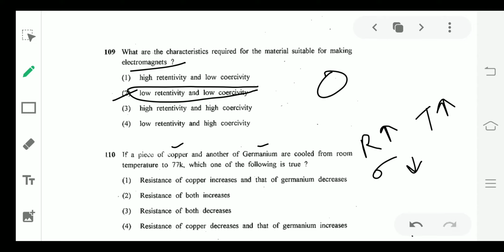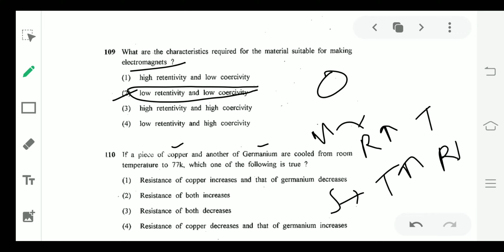In the case of semiconductors, when we increase the temperature, resistance starts decreasing and the conductivity of semiconductors increases.